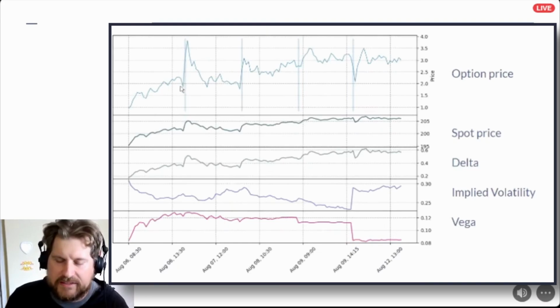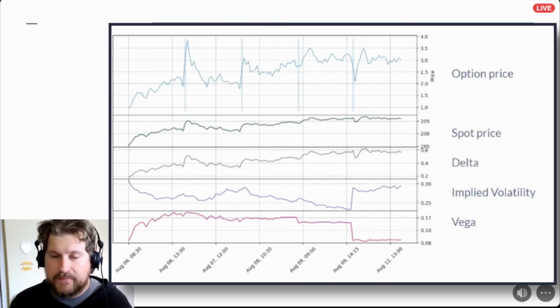And we can just visually look at this right here, that almost all, if not all, of that profit came from delta. Because when we look at the implied volatility and we look at Vega, even though Vega was increasing, implied volatility was going down, right?